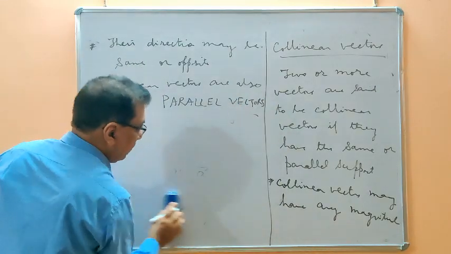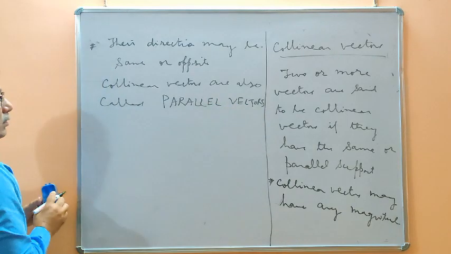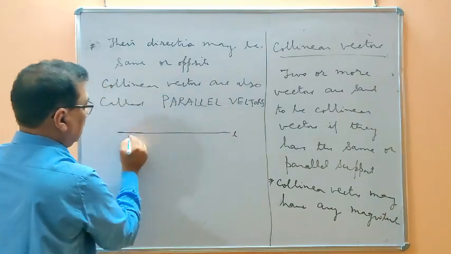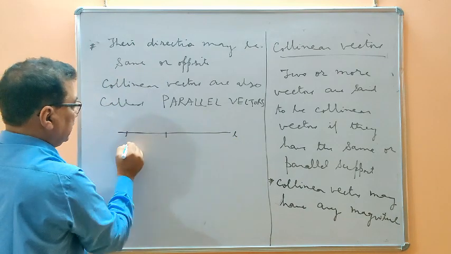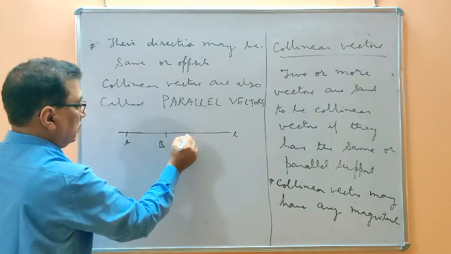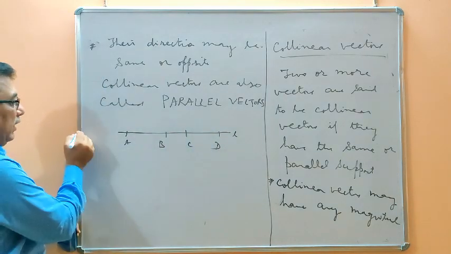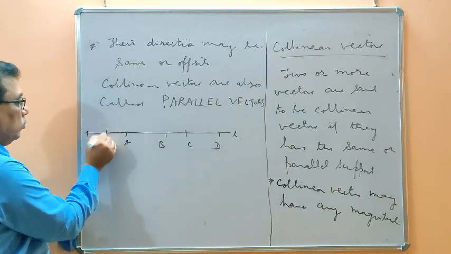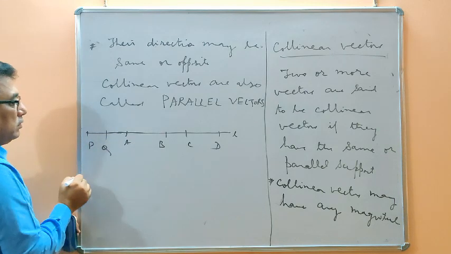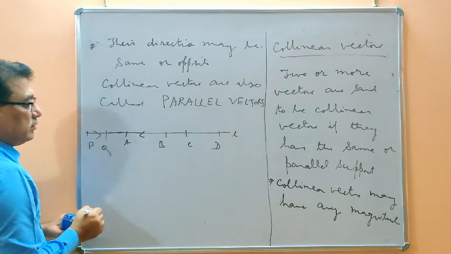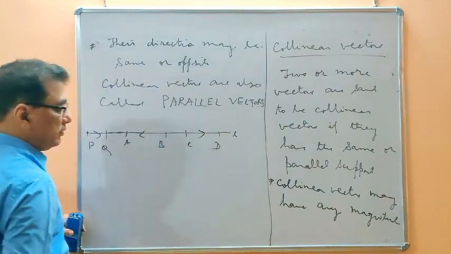Now I can give you an example here that if L is a line in which we take AB, CD, and then let us have PQ also. Suppose the direction of PQ is this way, direction of BA is this, direction of CD is this.